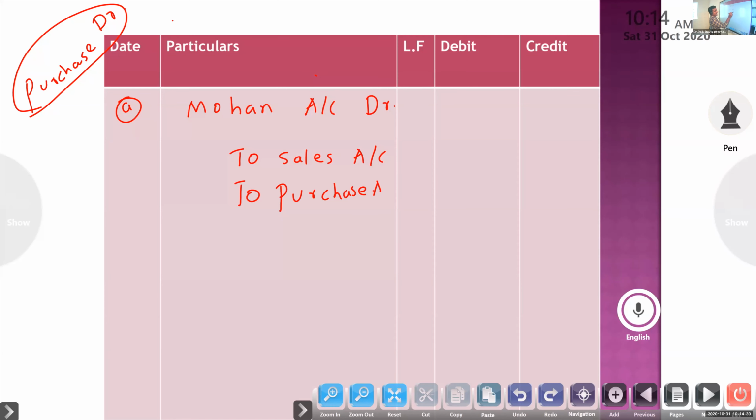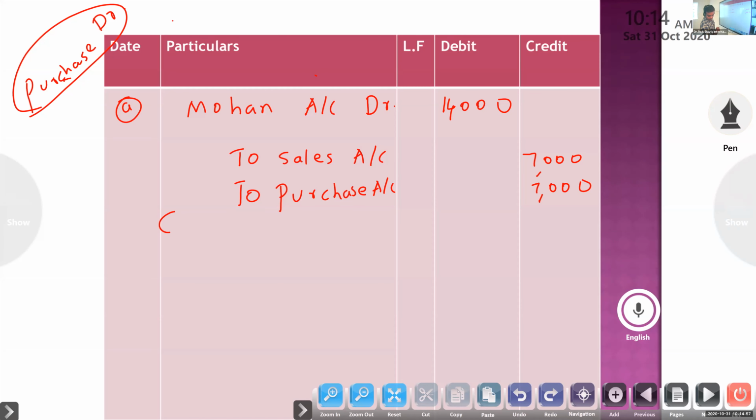You have to look at what the error is. We recorded in the purchase, and purchase is debit, so to rectify, we have to credit. So the amount will be 7,000 plus 7,000, 14,000. Then only this will be correct.